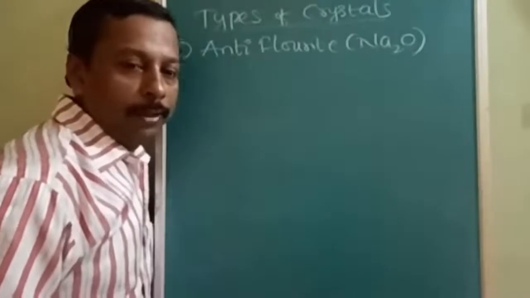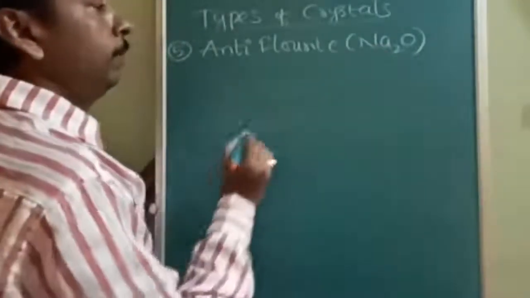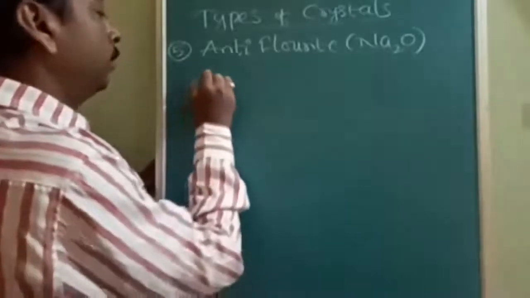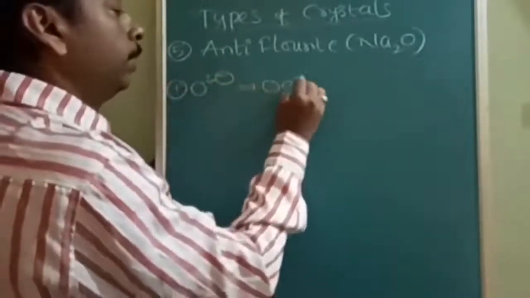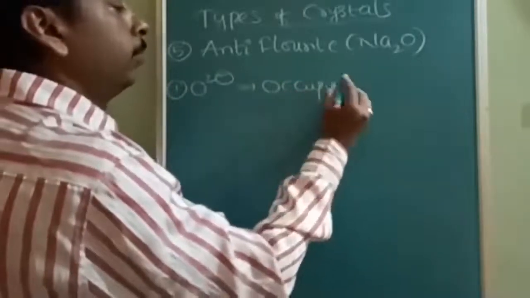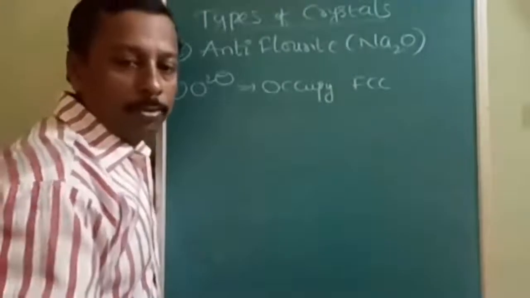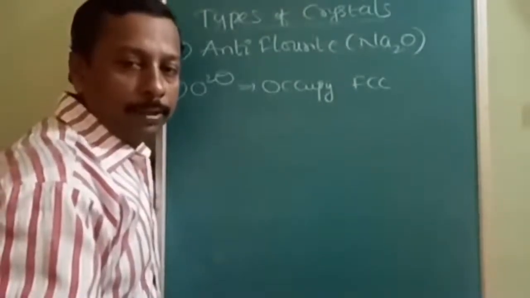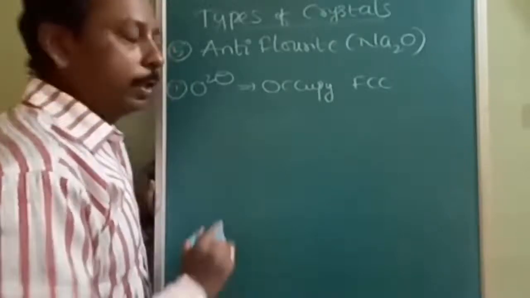Now in Na2O, the crystal is formed by oxygen. So first point is O2 minus occupy FCC lattice.